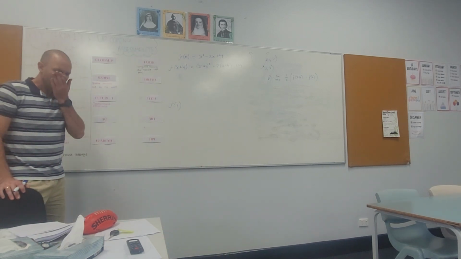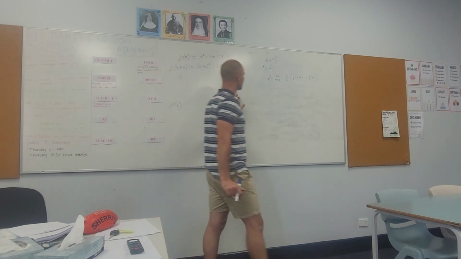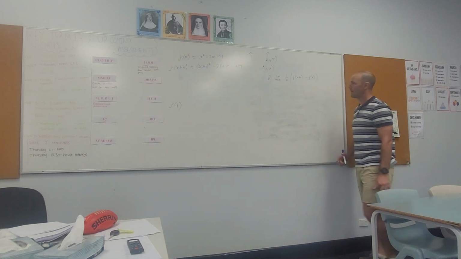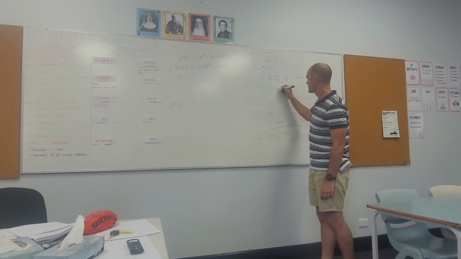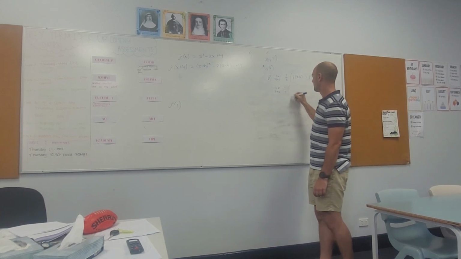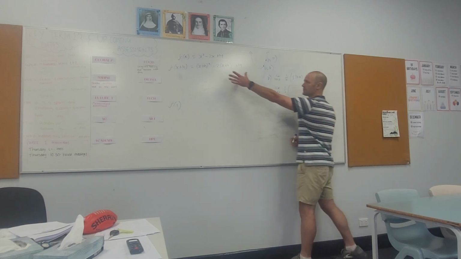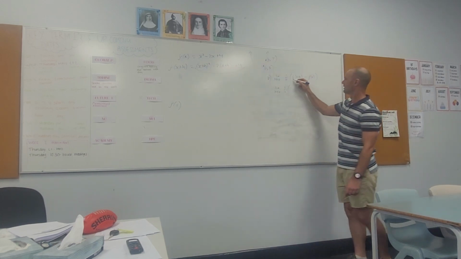The process for first principles is always the same. So, step 1, plug what we have into the formula. So we're going to have the limit as h approaches 0 of 1 on h multiplied by first f of x plus h. That whole thing is going here.